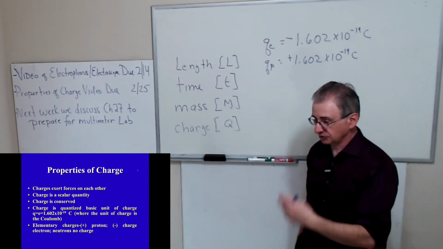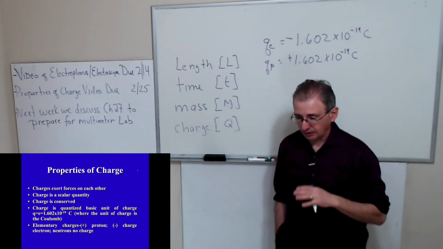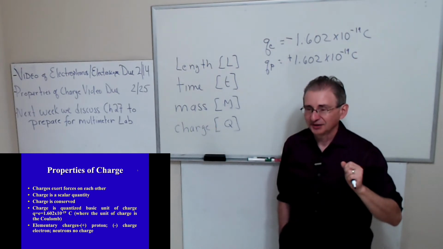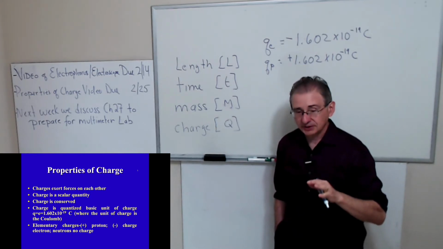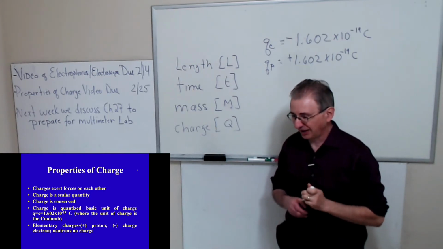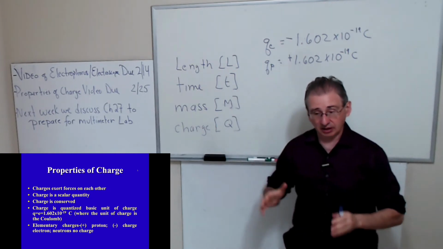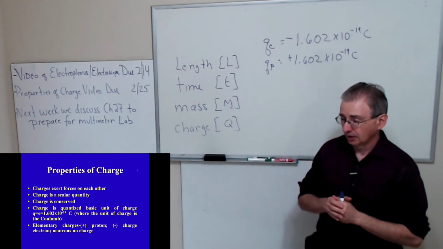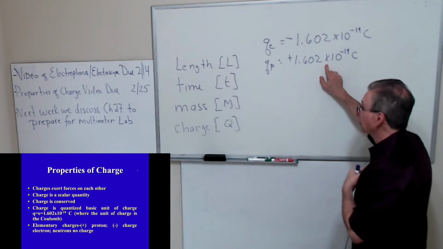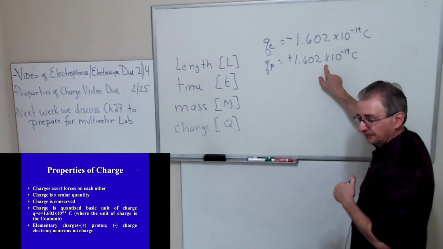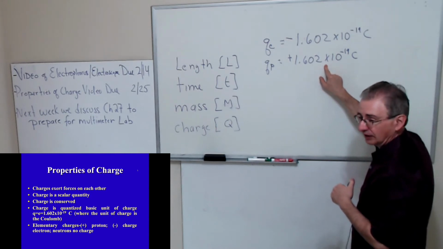The neutron has no charge. Now, I want to say one thing though. We're going to ignore the concept of quarks. We know that there are quarks. We've never isolated a quark, but quarks come in multiples of n/3 of this number. They come in either 2/3 of this value or 1/3 of this value.